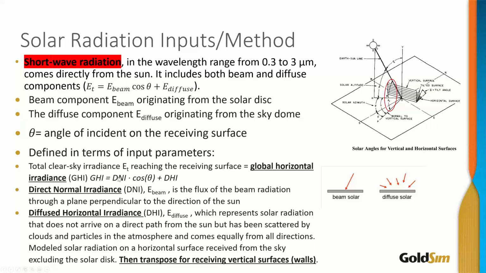The DNI and the DHI are given in the data set, and from that we calculate theta in separate calculations, and then we can calculate the GHI, and then we transpose that for our vertical surfaces. That is how we calculate the solar radiation on the surface, and then we convert that and add that to the ambient temperature to get the solar temperature.